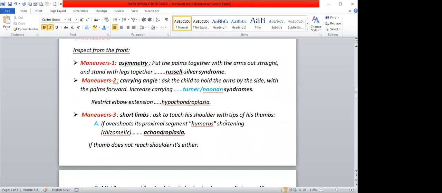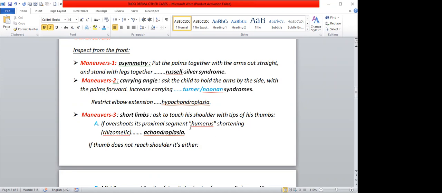Maneuver 3 is short limb. For the upper limb, there are various types of shortening. So short stature with shortening of the limb is very important.